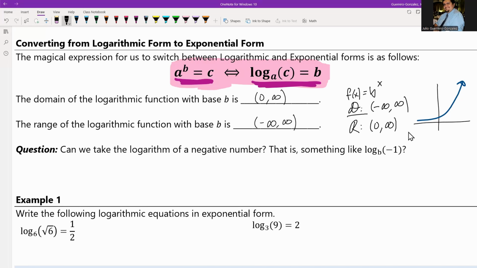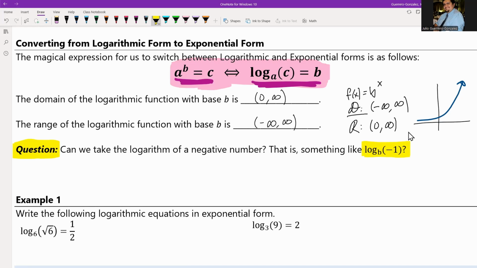Okay, so now there's something I do need to cover. Can we take the logarithm of a negative number? That's to say, can we do log base b of -1?